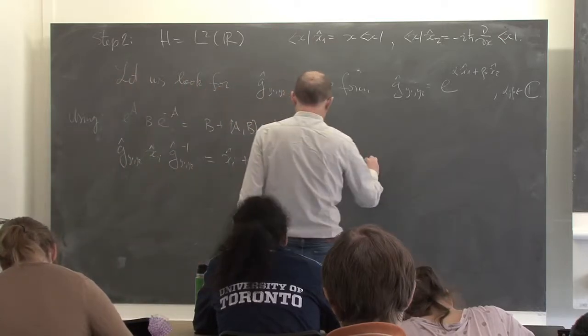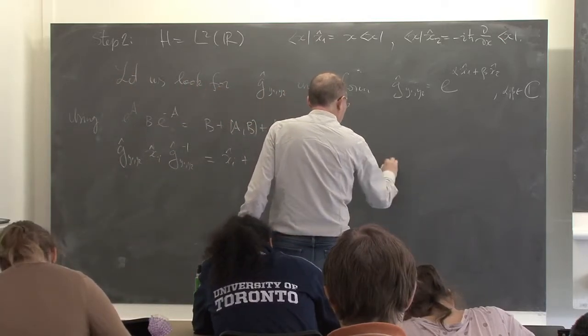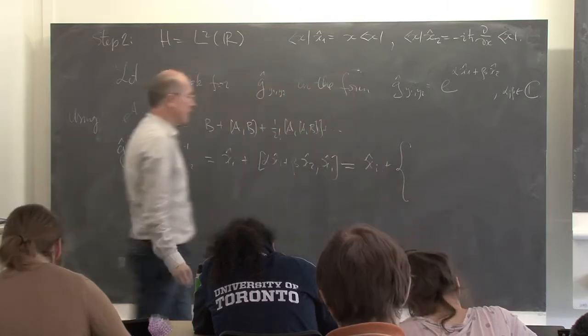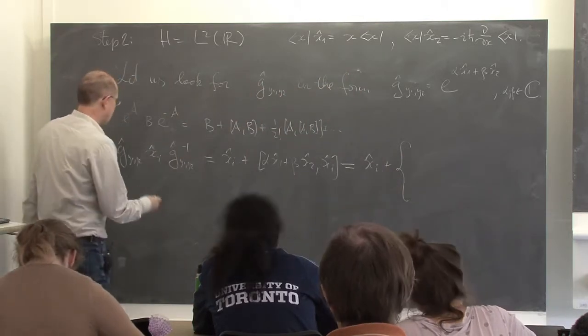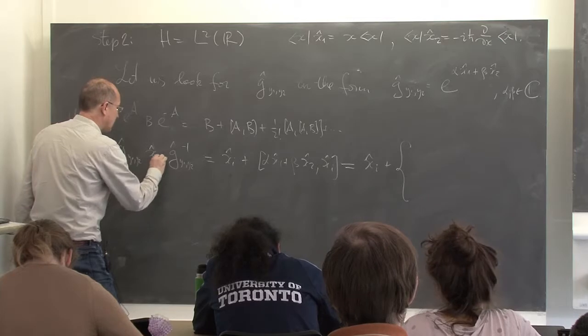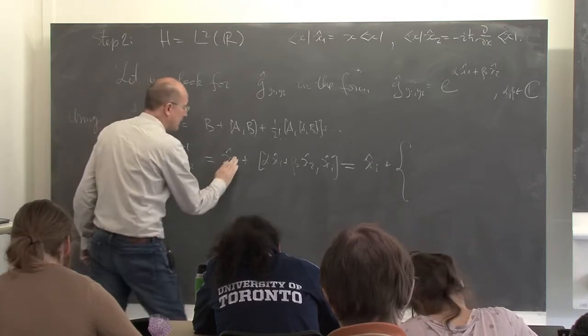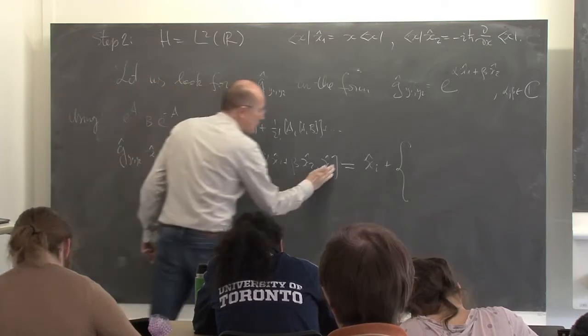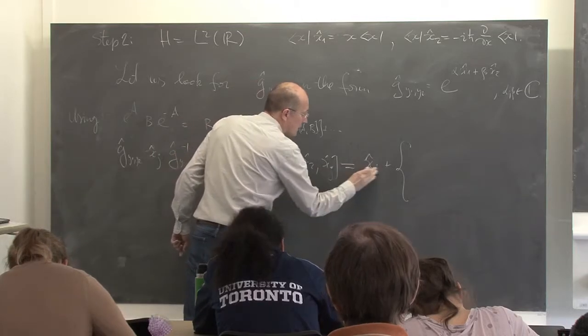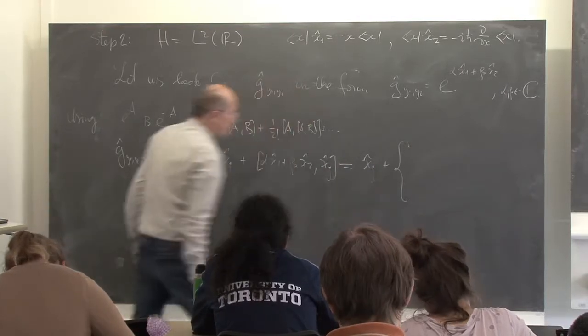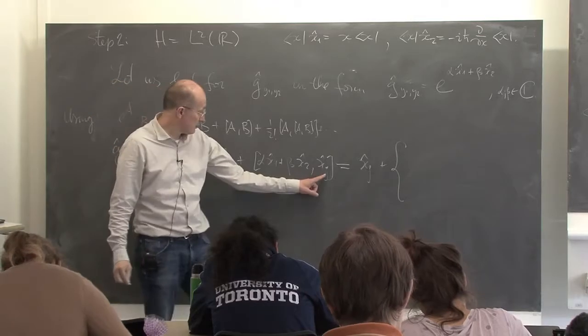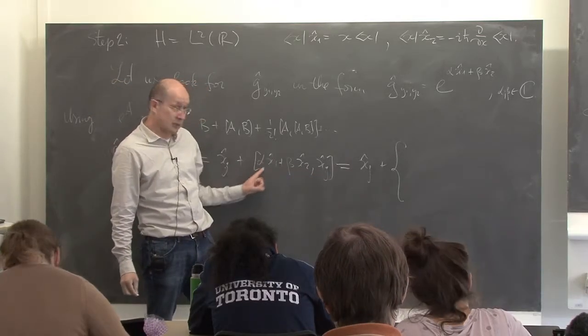And then we can just calculate this commutator depending on j. It will be imaginary, so let me put j here. If j equals 1, then this term doesn't contribute.